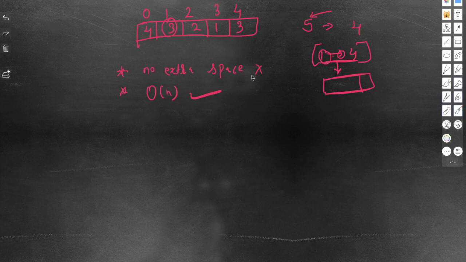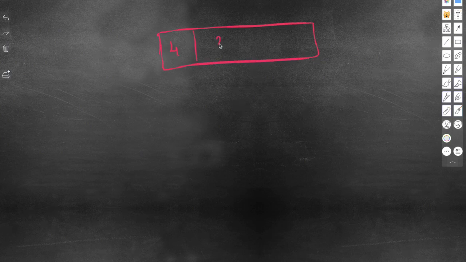So let's try to figure out how we can solve this problem. This is the array we have: 4 3 2 1 3, with indexes 0 1 2 3 4. Before moving to the actual solution, we'll try to understand how we would solve this problem if extra space were allowed and we used a hash map.